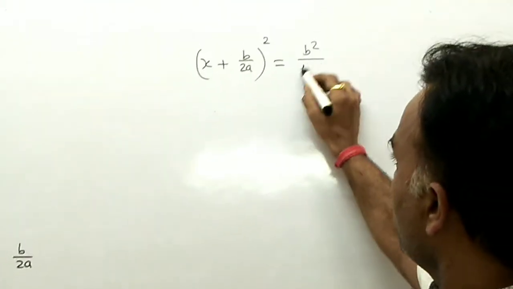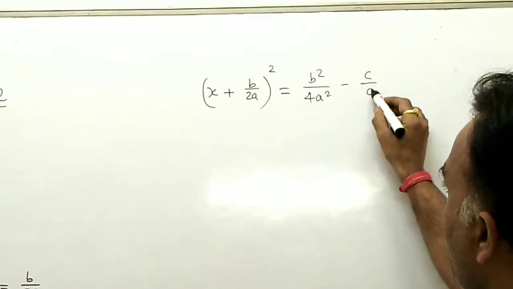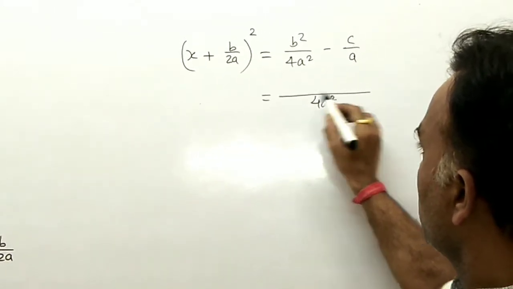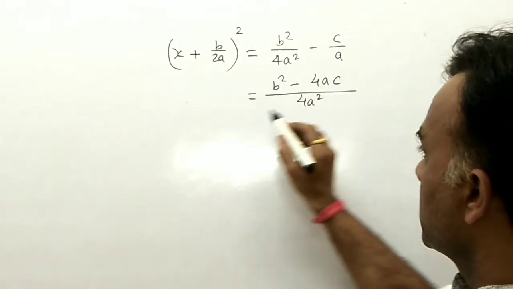Now on the right hand side, b by 2a gives b square by 4a square, and similarly minus c by a; taking the LCM 4a square, you get b square minus 4ac.